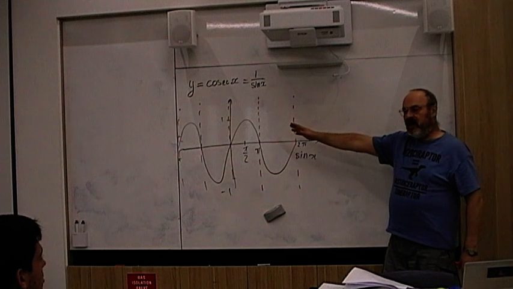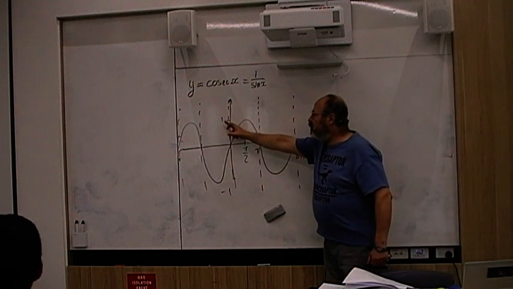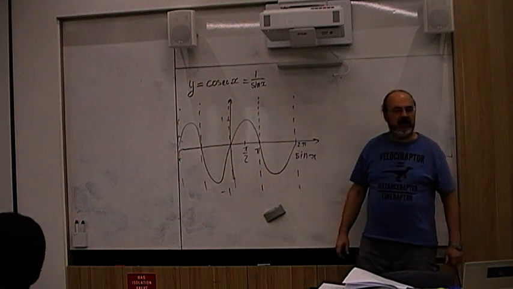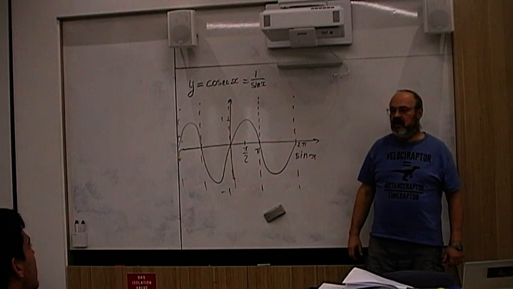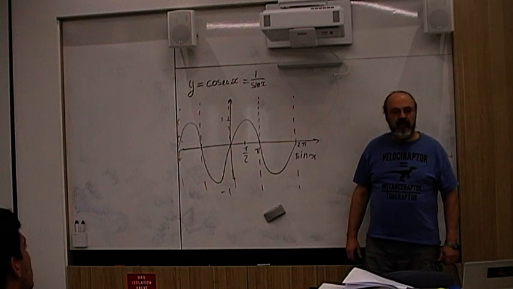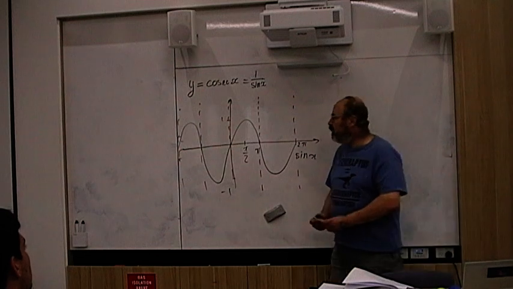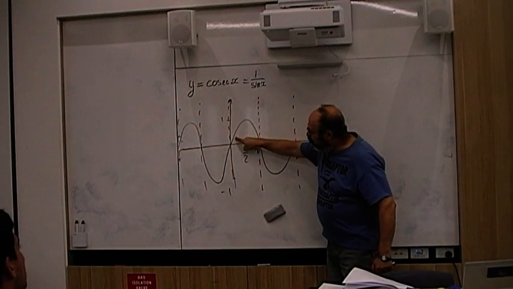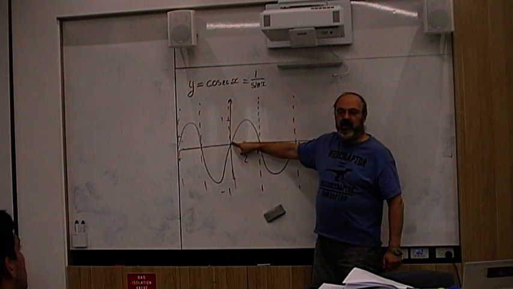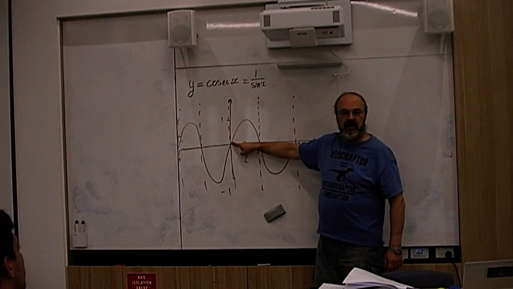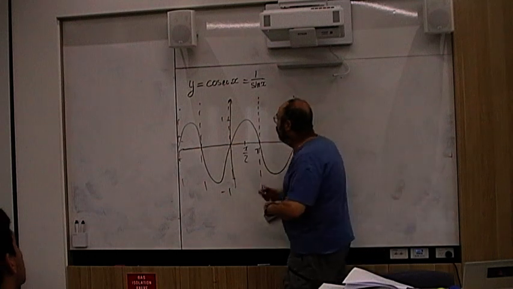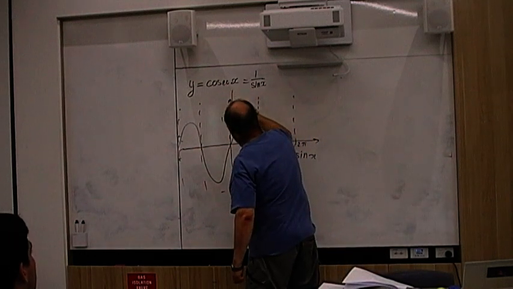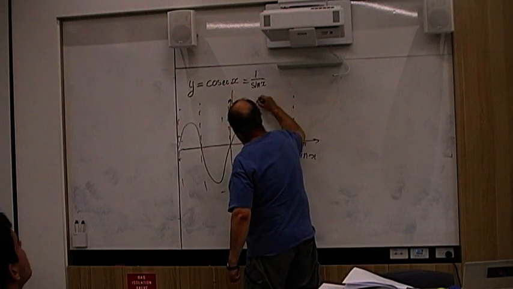What is the value of the sine at maximum? 1. So what will be the minimum of the reciprocal? 1. And when sine is approaching 0, what will 1 on sine be approaching? Positive infinity, so that will be the touching of this point.